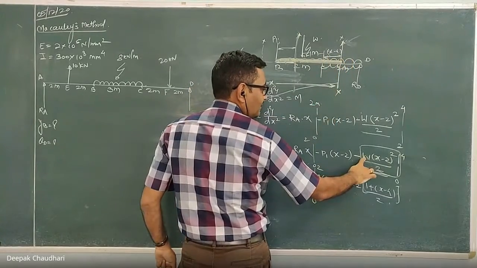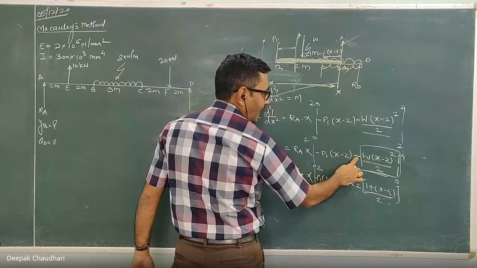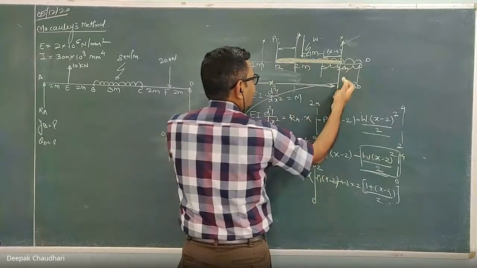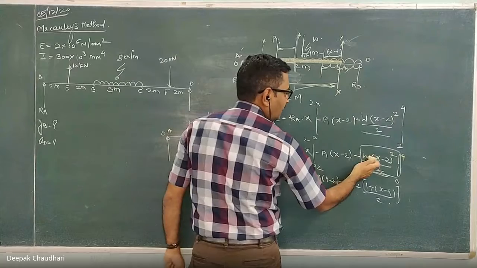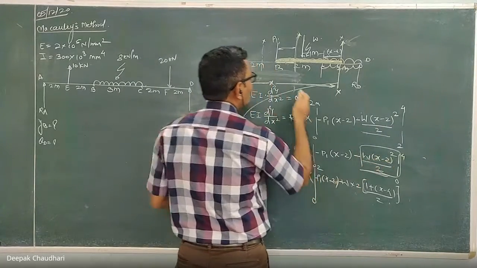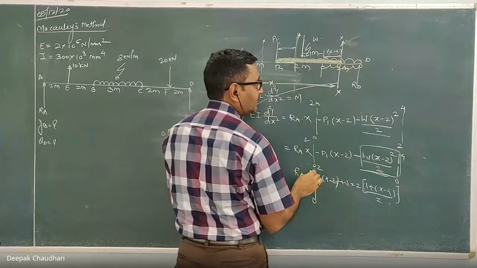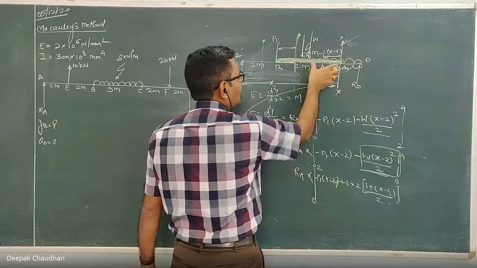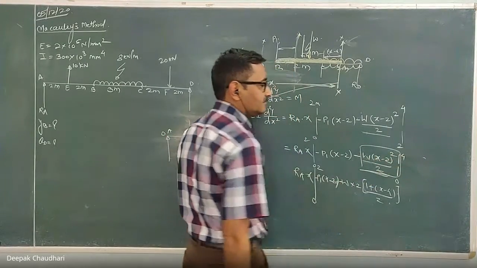It is W. Now it is producing the hogging bending moment, so minus W into, here how much is this distance? It is (x minus 2), so W into (x minus 2). Here W into (x minus 2) is the equivalent point load for this much UDL, and this equivalent point load will act at the midpoint here, so it is (x minus 2) whole square upon 2.